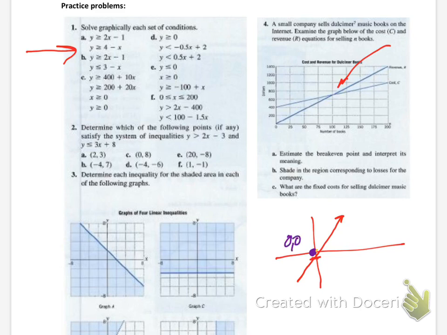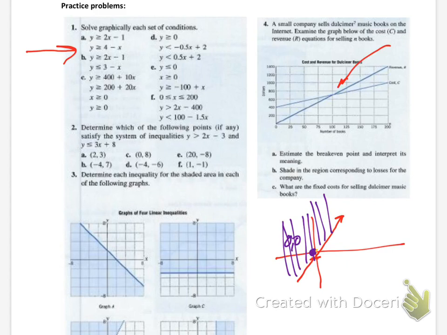Plugging in 0 both places, I get 0 is greater than or equal to negative 1. And is that true? Well, clearly it's greater than negative 1. So therefore you're going to shade to the truth. So shade to include that point. Okay, that's how I decide which way to shade.